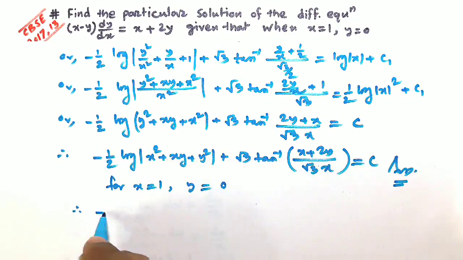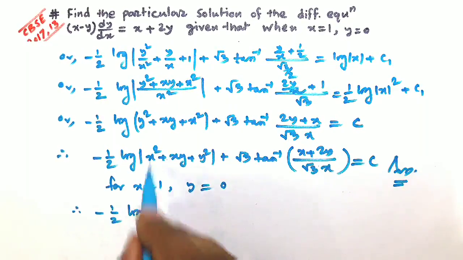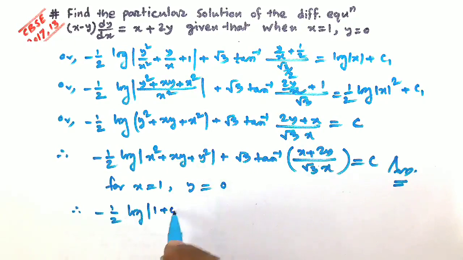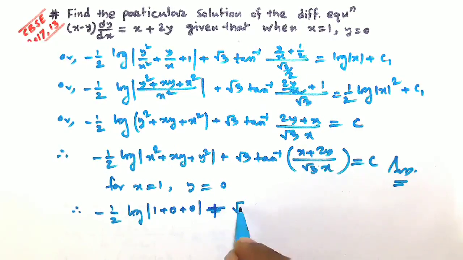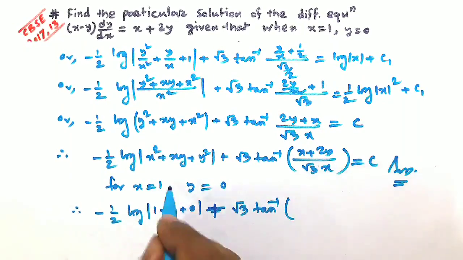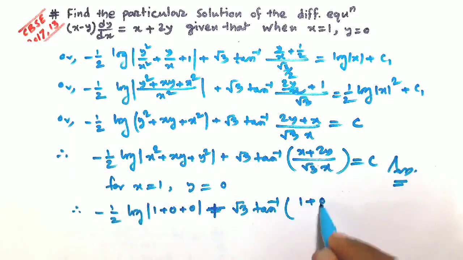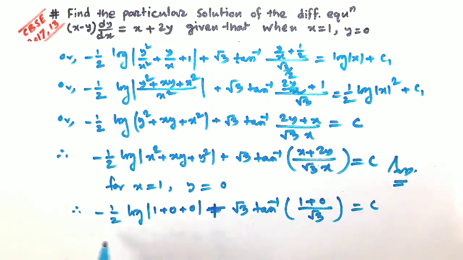This is minus half log of modulus x square, means 1 square, 1 plus x into y is equal to 0, so 0 plus y square, this is also 0, plus root 3 tan inverse, x is equal to 1, so 1 plus 2 into y is equal to 0 divided by root 3 only is equal to c.